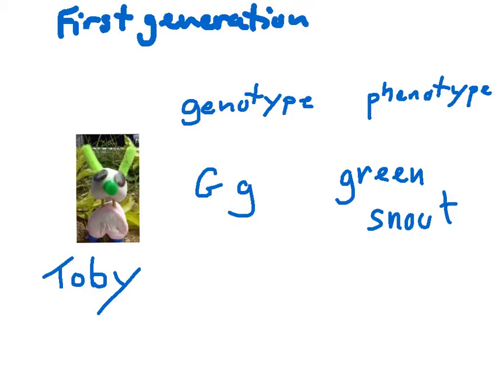And remember, the first generation gave offspring which all looked similar with respect to their snout colour. So this is one of their offspring, which we'll call Toby, green snout, and the genotype of this individual is big G, small g. And because of this dominant gene, the phenotype is this green snout.